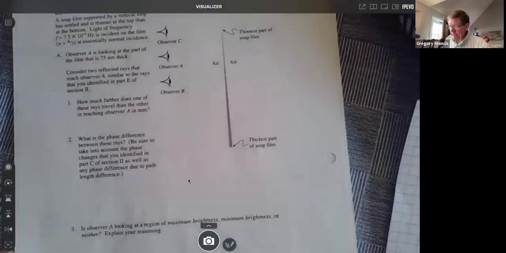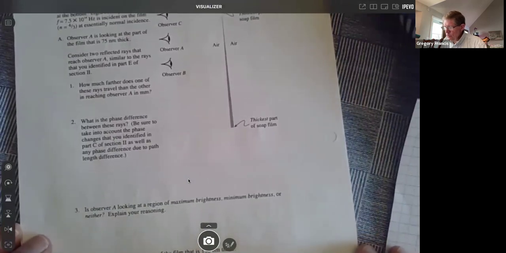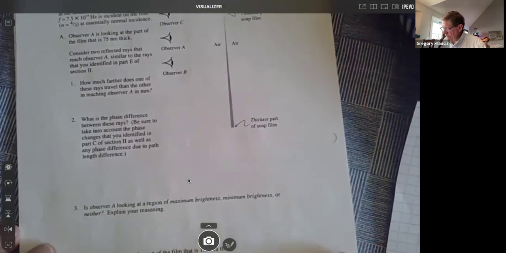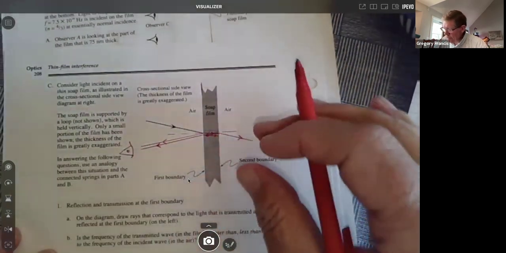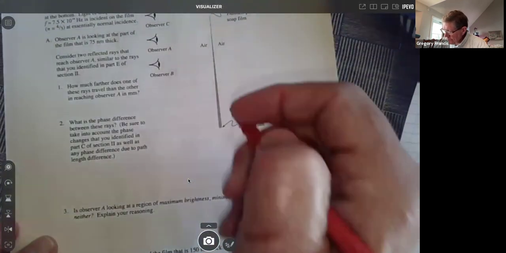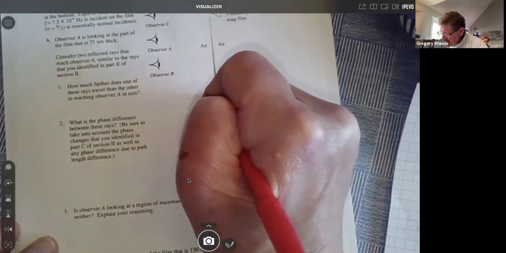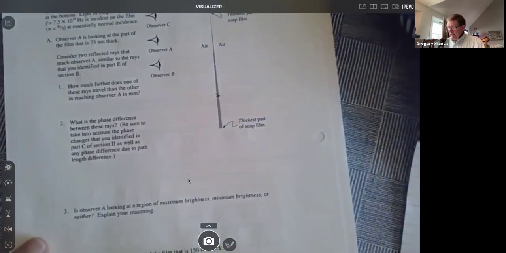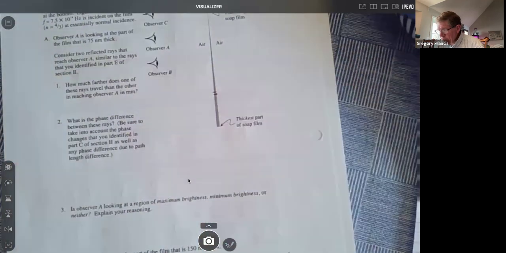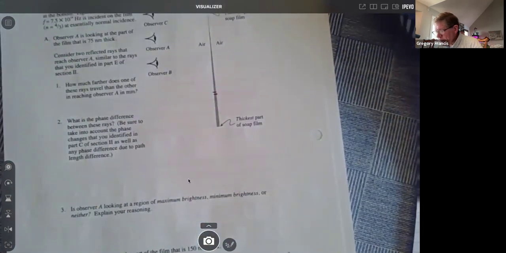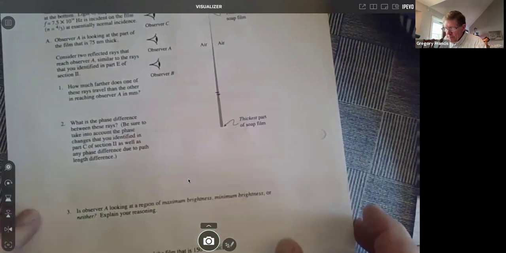Okay, now things are going to get interesting. We're going to let that picture here represent a small slice of my soap film, maybe a small slice right there. And that's why it looked so uniform in its width. But in truth, this soap film has been affected by gravity, and the soap has kind of drooped a little bit so that it's thicker at the bottom than it is at the top.